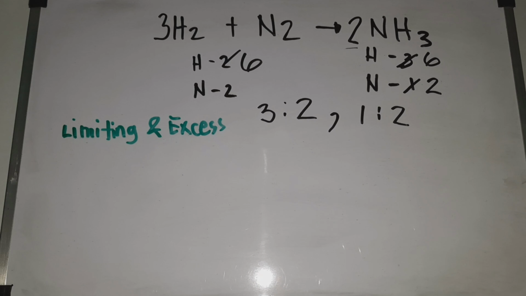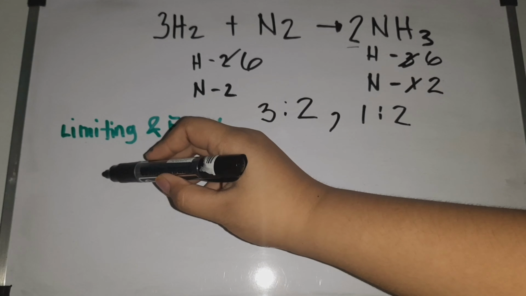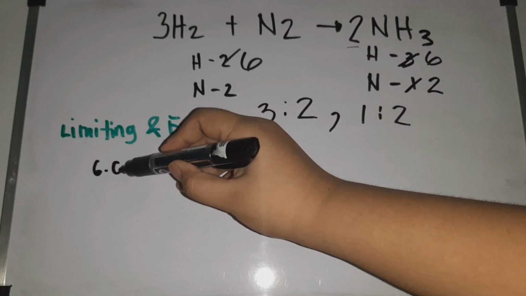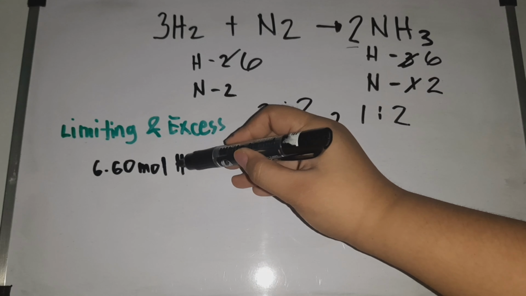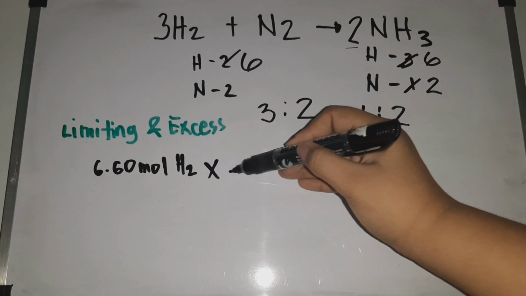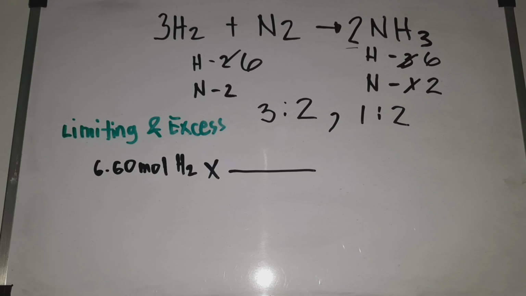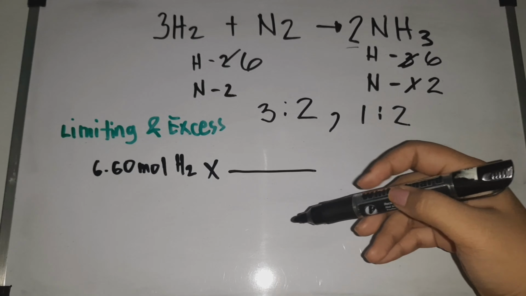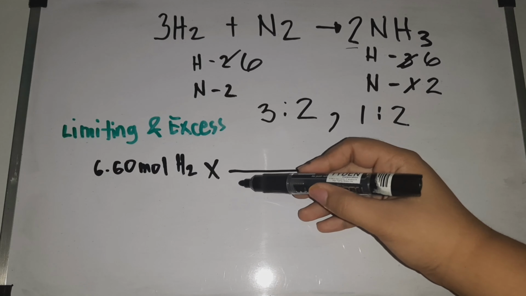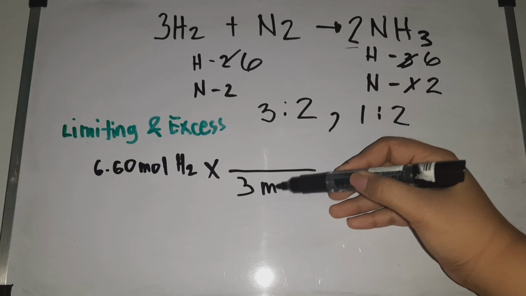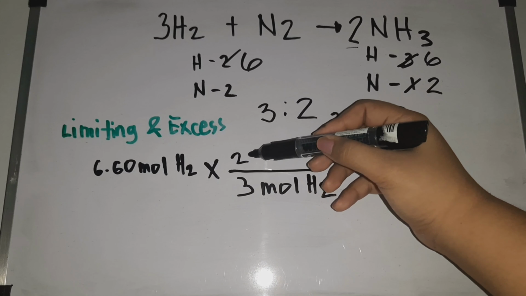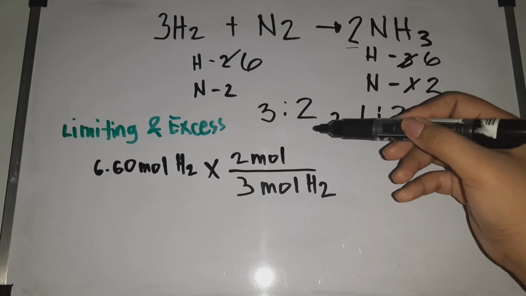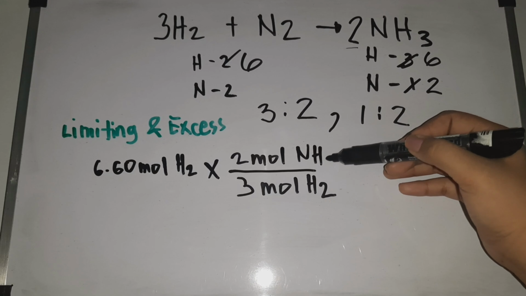According to the problem, we have 6.60 mole of H2. So again, what is the ratio of H2 to our product, which is NH3? The ratio is, for every 3 mole of H2 we have 2 moles of NH3.